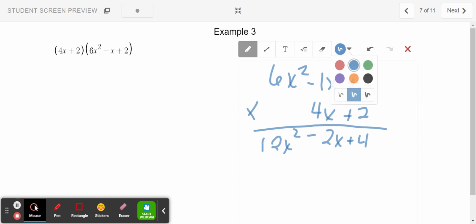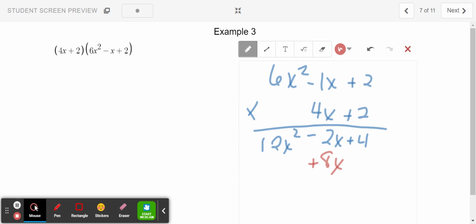Now, let me switch colors real quick so this doesn't get totally confusing. And now I'm going to take that 4x, and 4x times 2 is 8x, positive 8x. So I'm going to line that up right here underneath the other x term. And then 4x times 6x squared is going to be 24x cubed.